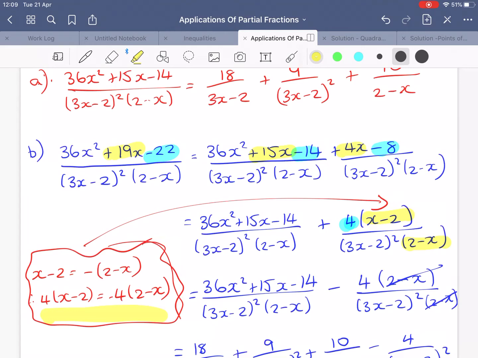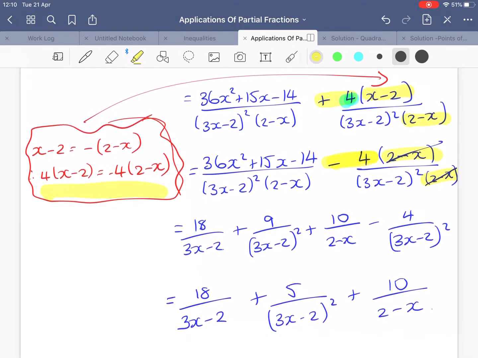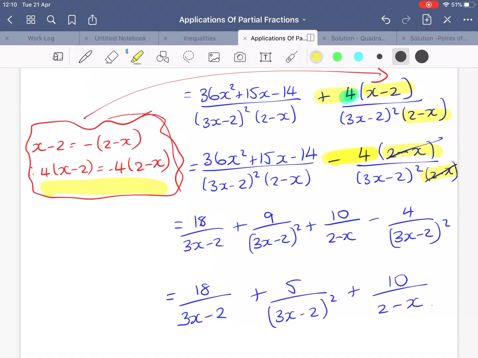So actually, rather than having a factor of plus 4 taken out, we actually took out a factor of minus 4 to make the two brackets match. So then it became the sum of the partial fractions, take away 4 over 3x minus 2 squared. And if you add 9 of them and you take away 4 of them, you're left with 5 of them. So hopefully you got the right answer there.